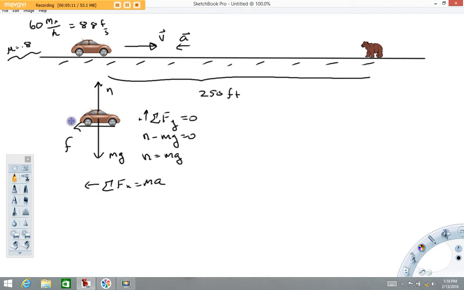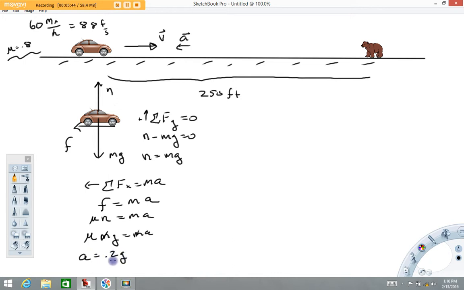And looking at my free body, there's only one force in the x direction, the frictional force. So we're going to have the frictional force equals ma. Now, the frictional force is equal to the coefficient of friction times the normal. And the normal from our free body is equal to mg. So you'll notice the mass divides out. The acceleration of the car is 0.2 g.